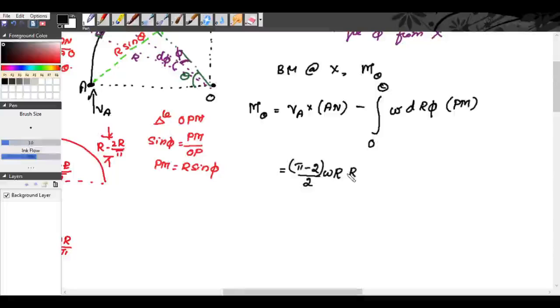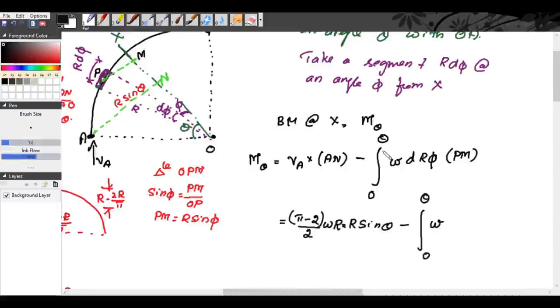So, R into R sin θ minus integration of 0 to θ W into R into dφ.